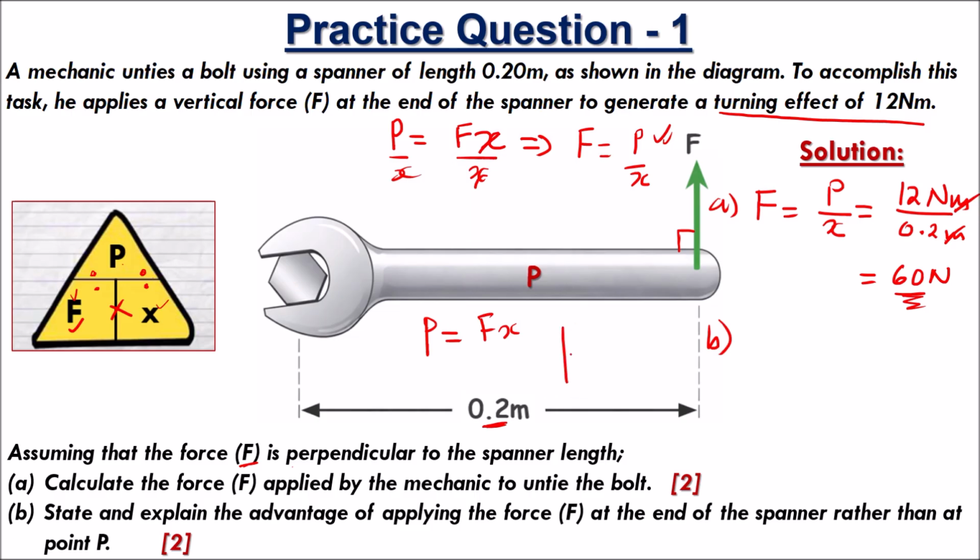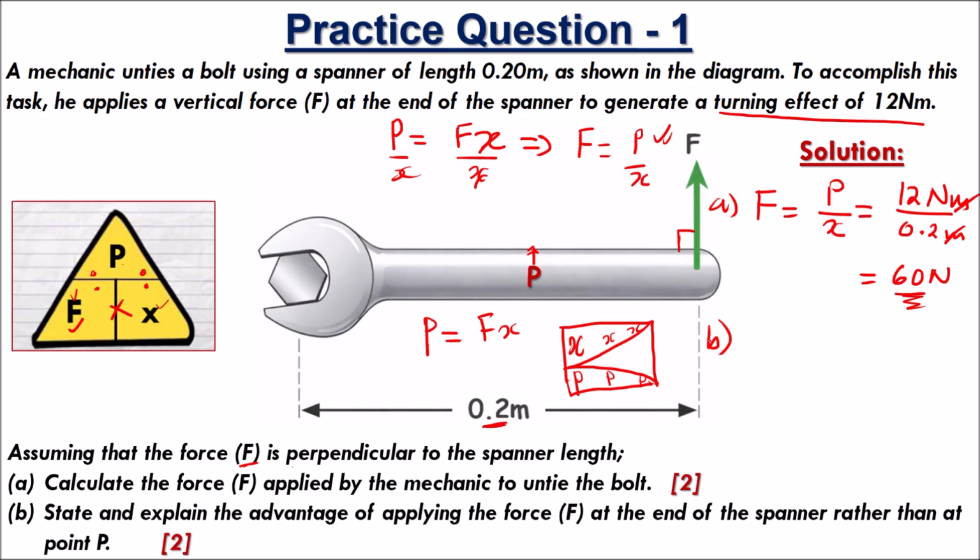In other words, when x is getting smaller, P is also getting smaller. So if we apply it from P, we have a smaller distance, meaning the turning effect is smaller. We want a bigger turning effect so that we gain a mechanical advantage.